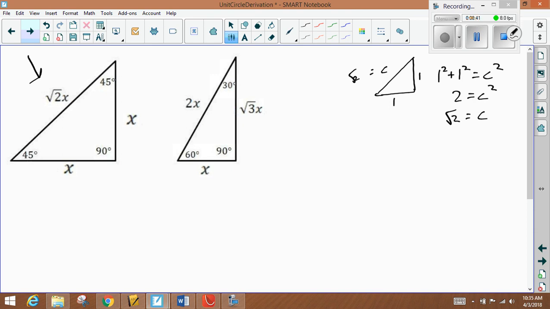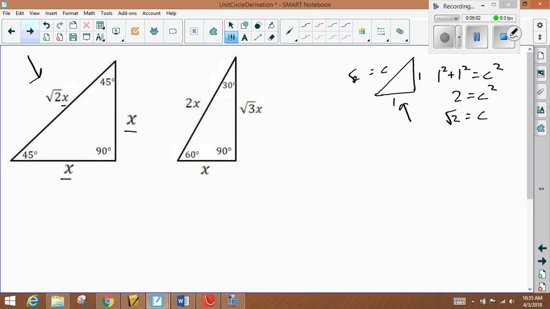So check it out. If I make these each x's, I'm actually dilating this by some factor of x. I'm taking this triangle and I'm dilating it by some factor of x.